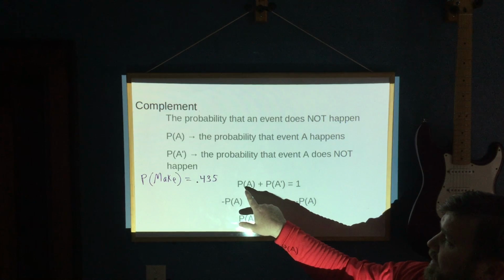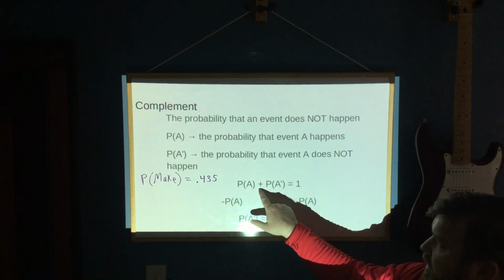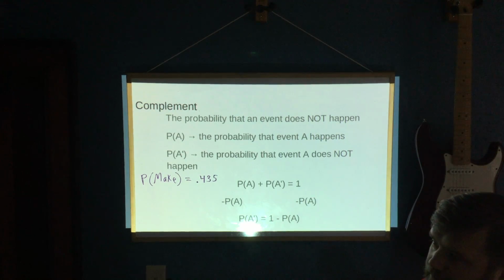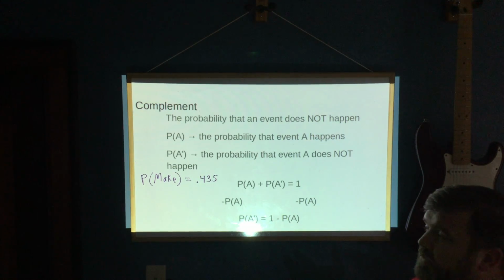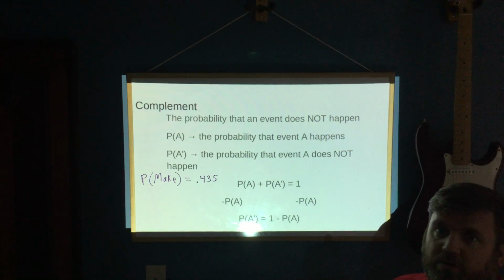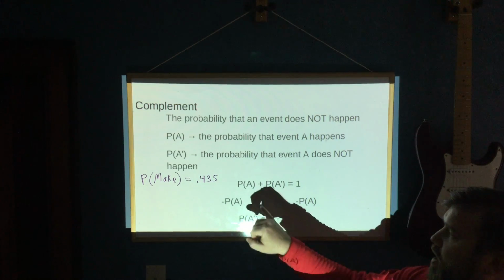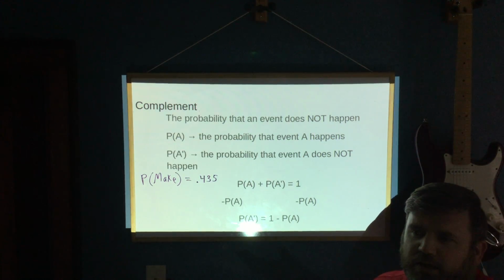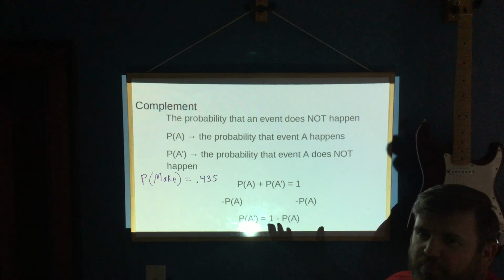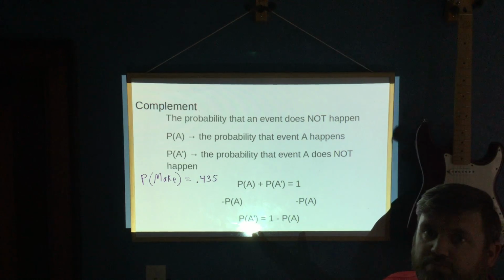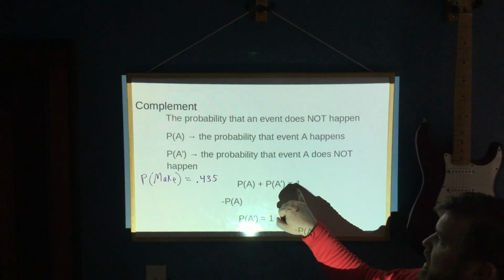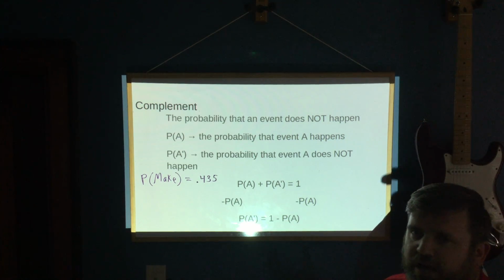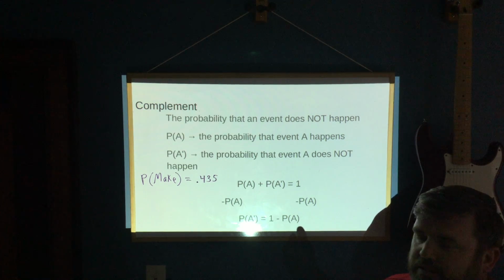The probability that something does happen plus the probability something does not happen is 1. There's no other possibility. What else could happen? He's either going to make it or he's not. If the two probabilities added up to less than 1, that would mean there's a probability that something else happens, which is impossible. If it added up to more than 1, that's more than 100%. You can't have more than a guarantee.